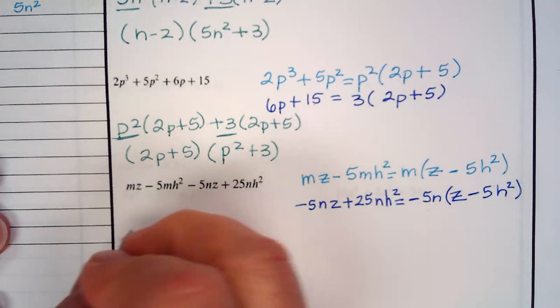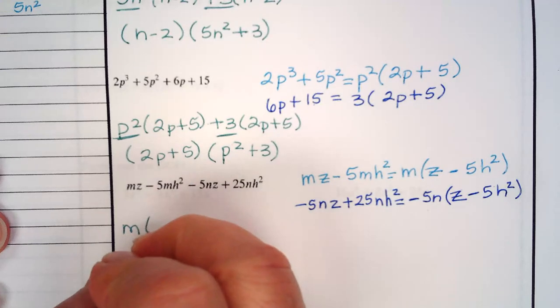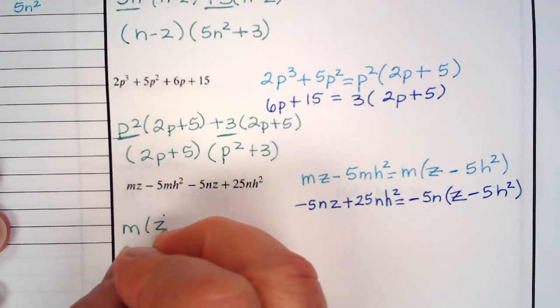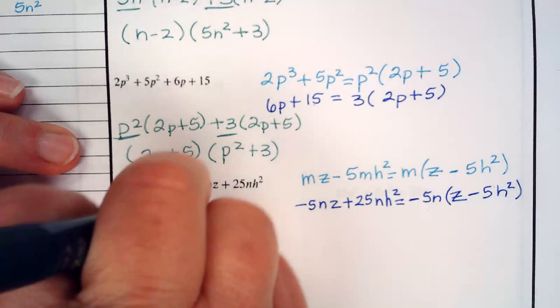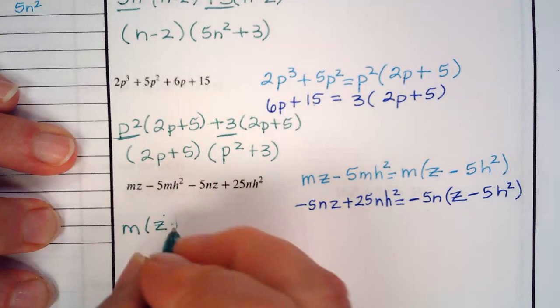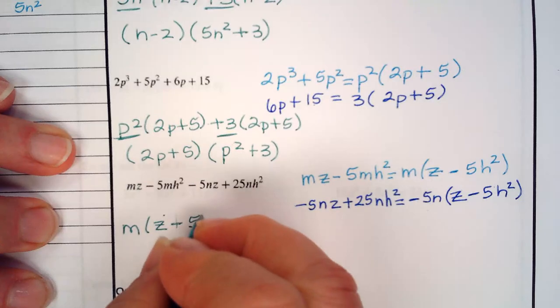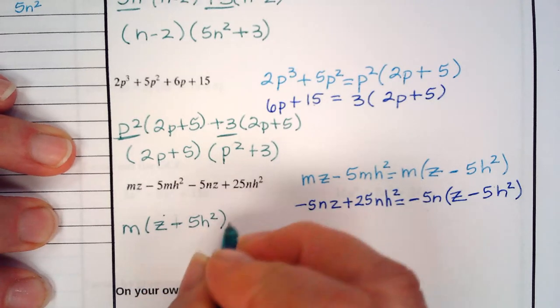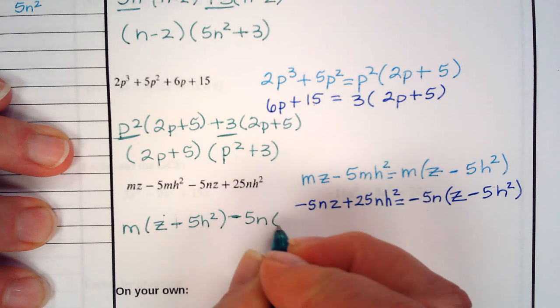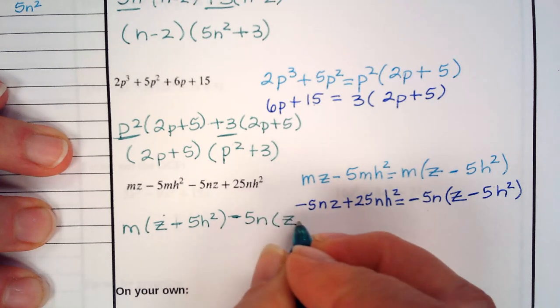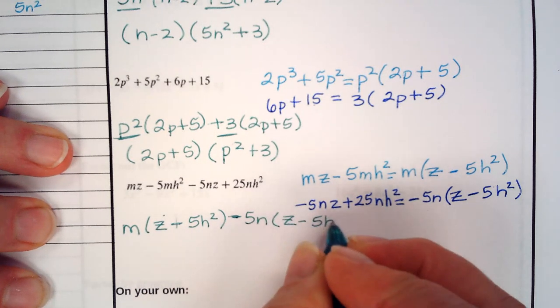Putting it all together, m times the quantity of z minus 5h squared, and then minus 5n times the quantity of z minus 5h squared.